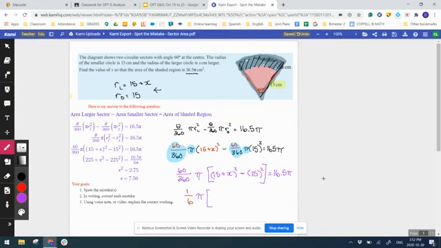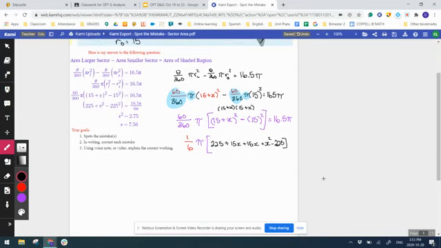Remember, 15 plus X squared means we have 15 plus X times 15 plus X. So 15 times 15 gives me 225. 15 times X gives me plus 15X. X times 15 gives me plus 15X. X times X gives me plus X squared. Then I have this minus 15 squared, so minus 225.